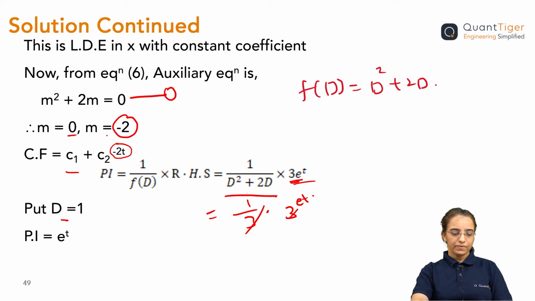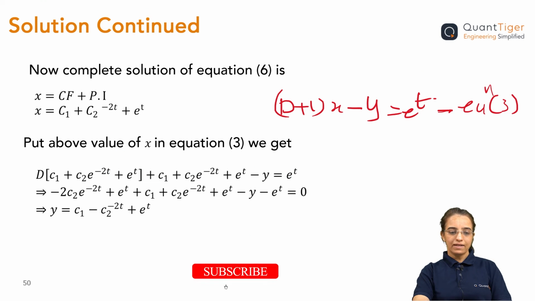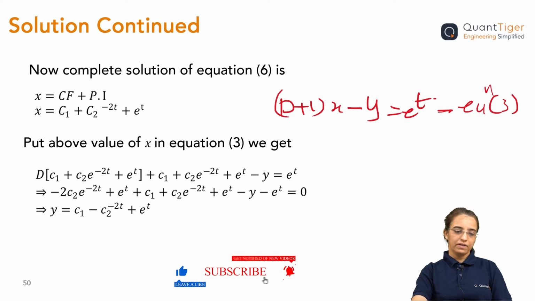So, now if you see this CF value, we have written it in the form of t, because it was the independent variable. Even the PI which we got, we got in the form of t. So, we will write that to make it a complete solution.